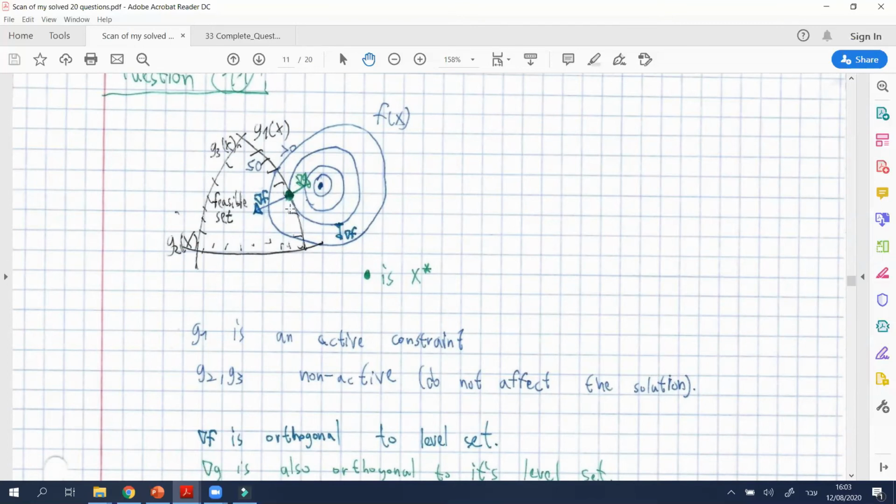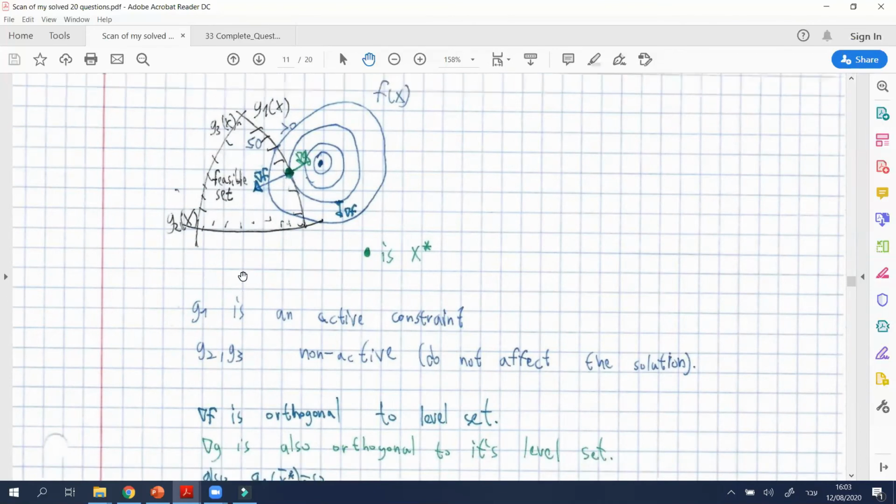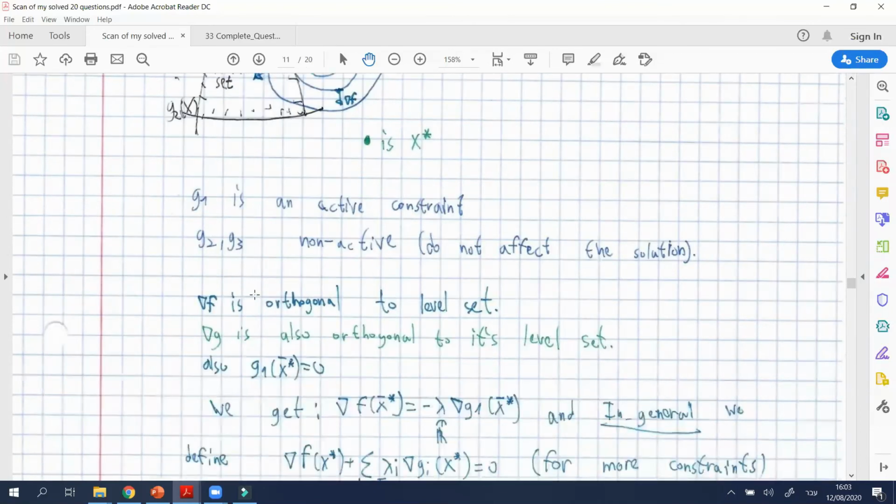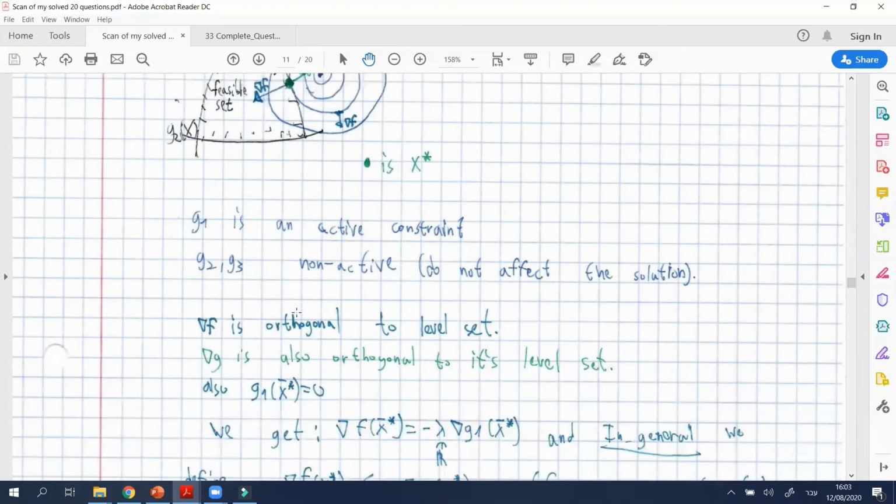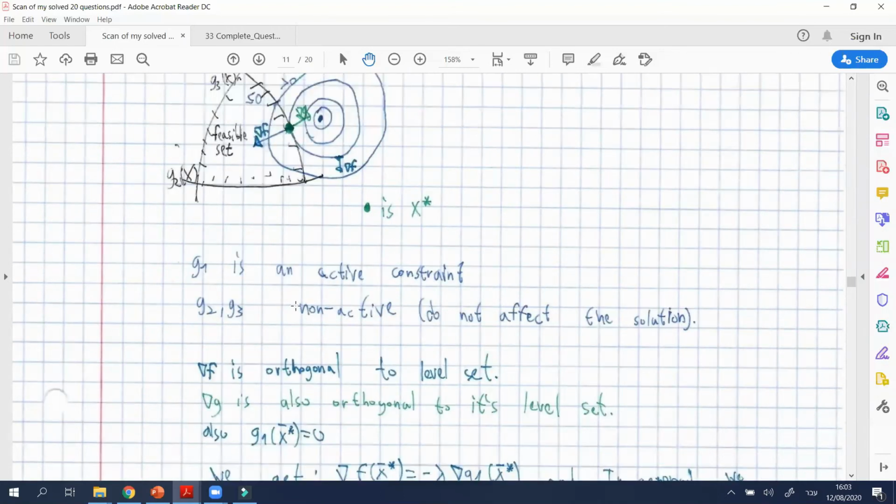And in particular, remembering that G1 is the main constraint here, because we can see graphically, according to what I just drew, that G2 and G3 are not active constraints. They will not give us the minimum solution for this problem with our constraints in F. G2 and G3 are non-active, and the gradient of F is orthogonal to the level set, which we said, and the gradient of G is also orthogonal, which we said.